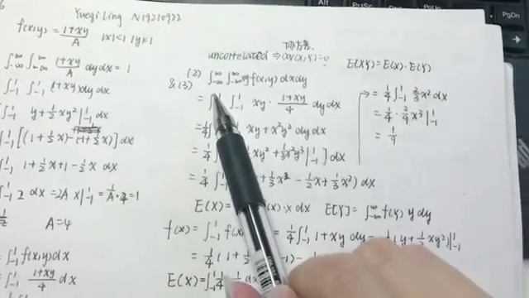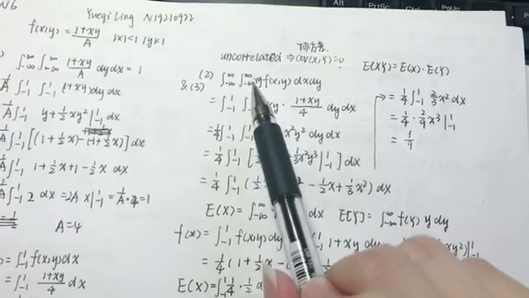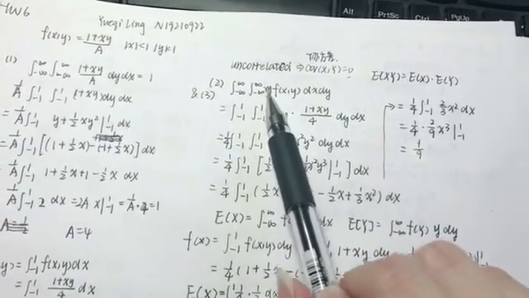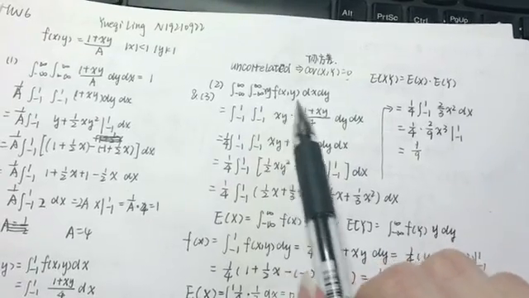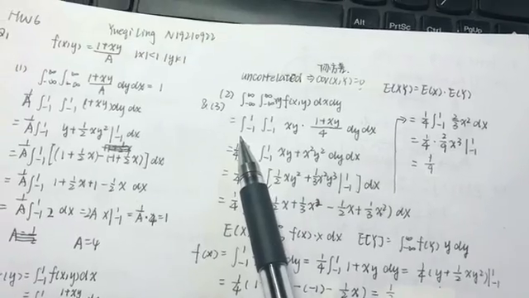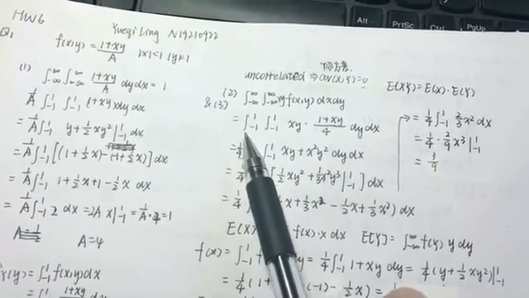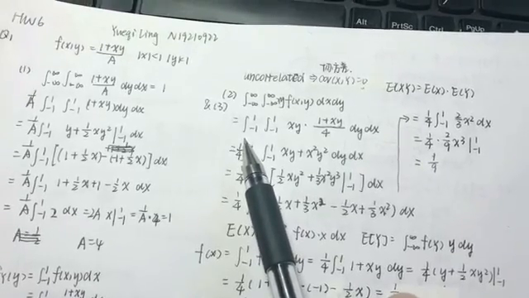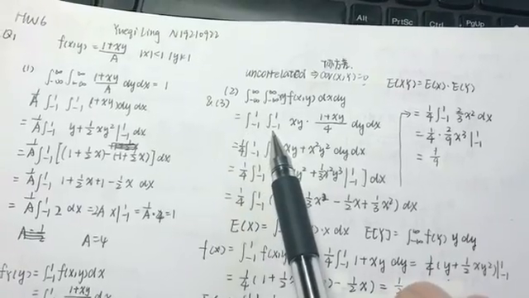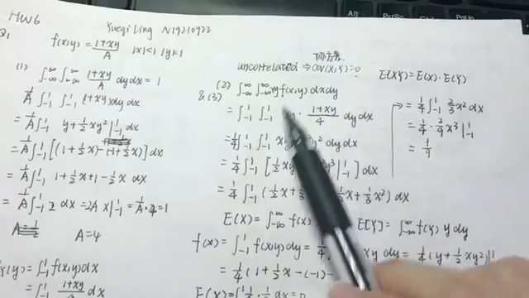It will equal the integral from minus infinity to infinity of xy multiply fxy dy dx, and we know that x is from minus 1 to 1 and y also from minus 1 to 1, and so we calculate this expression.